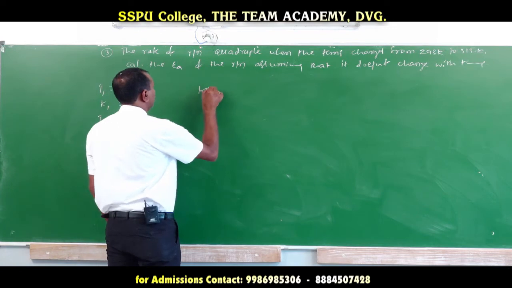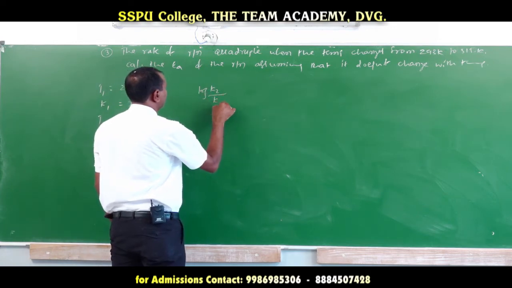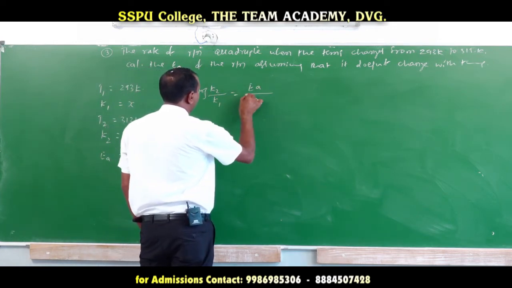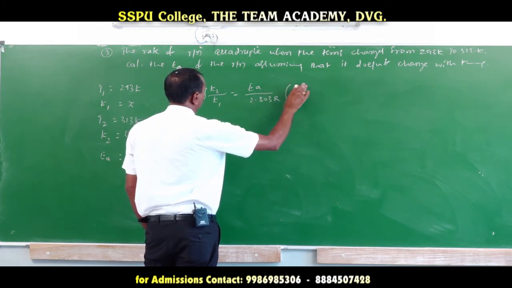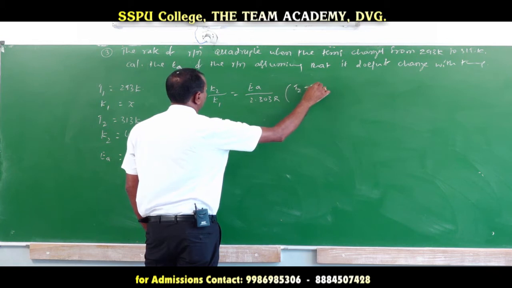Log K2 by K1 equals EA by 2.303 R into T2 minus T1 divided by T1 T2.